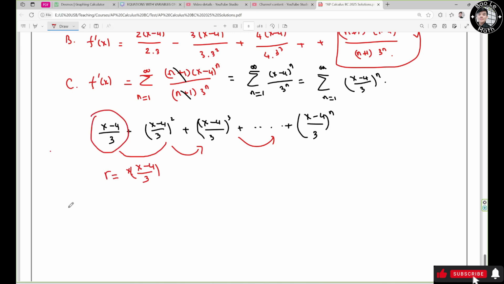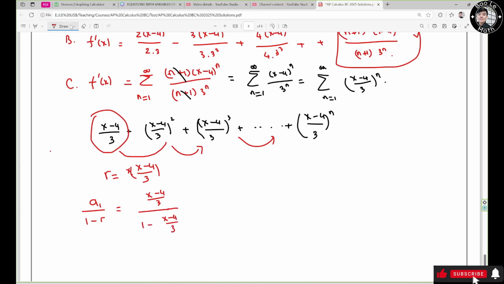Now, we have the formula to calculate the sum of an infinite geometric series. It's given by the formula a1 over 1 minus r. So it's going to be ((s minus 4) over 3) over (1 minus (s minus 4) over 3).